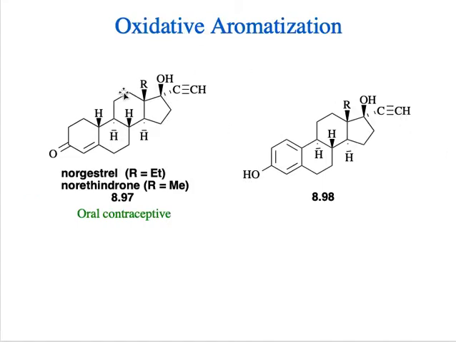Different steroids can be oxidized, so your body is set up with different aromatases to process steroids, since your body produces steroids and uses them as signaling molecules.